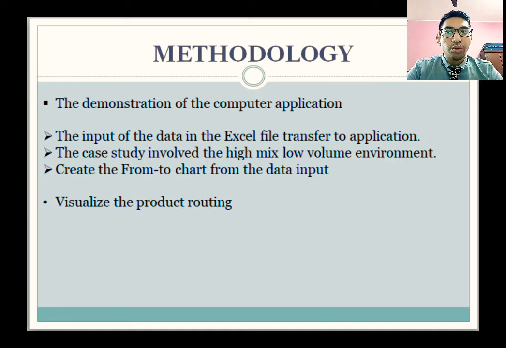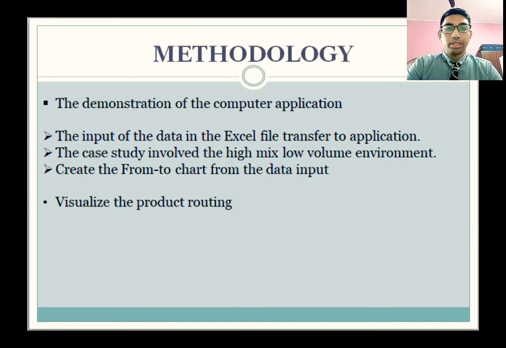We input data from an Excel file transferred to the application, and the data we use is from a case study involving a high-mix, low-volume environment. From there it will create the from-to chart from the data input, and the last step is to visualize the product routing.